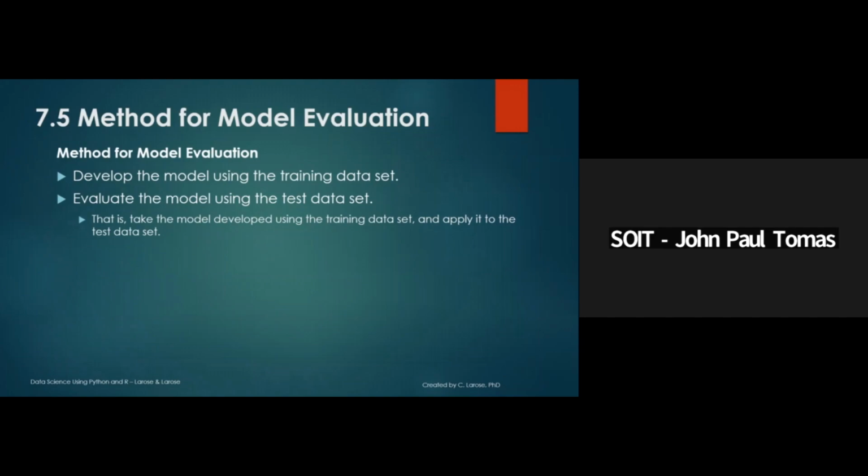So I think at this point in time, you already know that there are variations of means and ways to divide or split your data, whether it's 80-20, or 80-10-10, or probably 70-15-15 or 70-30. So it actually depends on the requirements of the model.